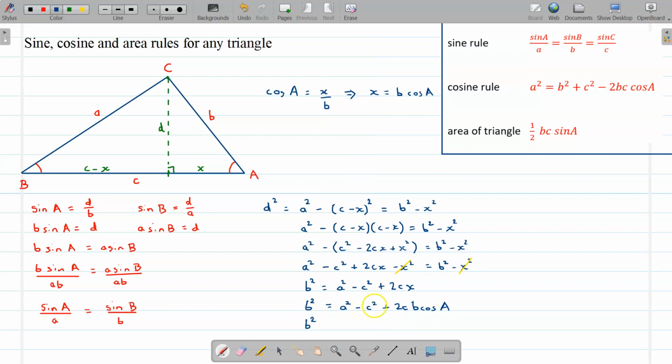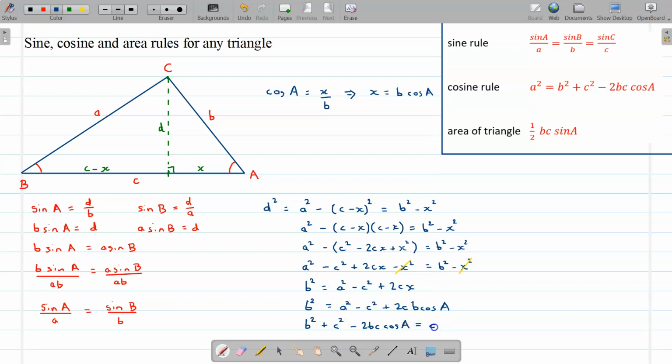Okay, I'm going to add the c squared to the left-hand side, and I'm going to take away 2cb cos A, or 2bc cos A. It's the same thing. And that is going to leave me with only one thing on the right, which is a squared.